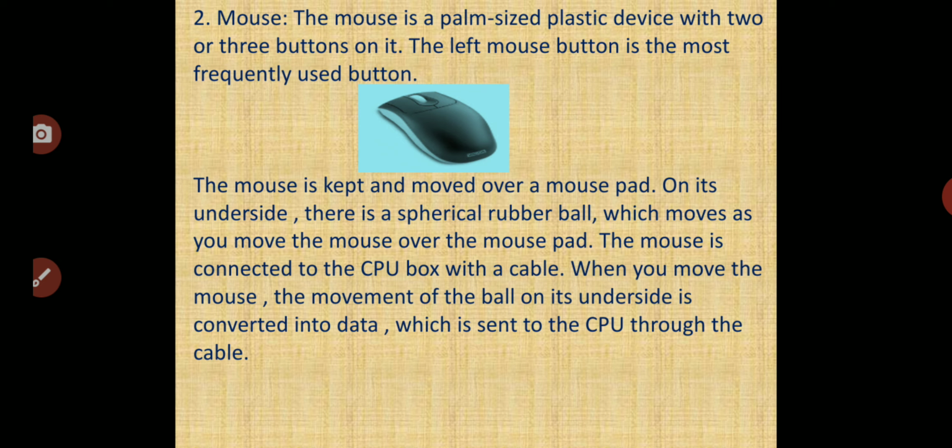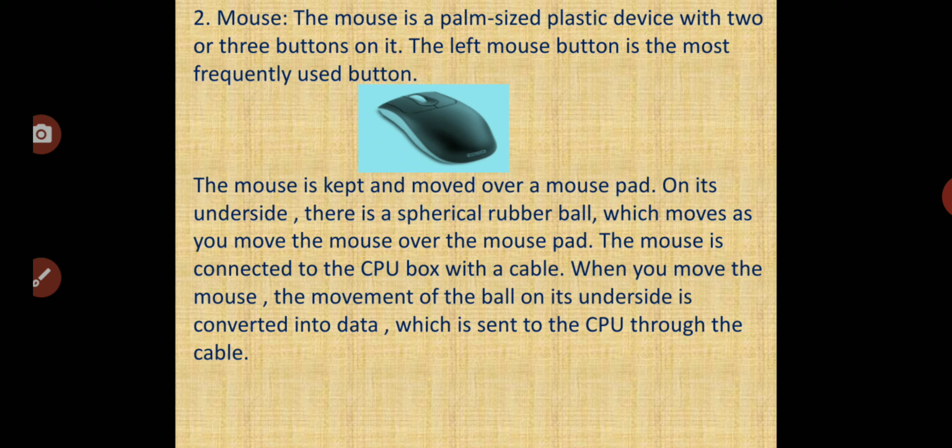Okay, left mouse click means we are using left click most frequently for using the mouse. Any program you open with the help of the mouse means you are using the left button. Okay.